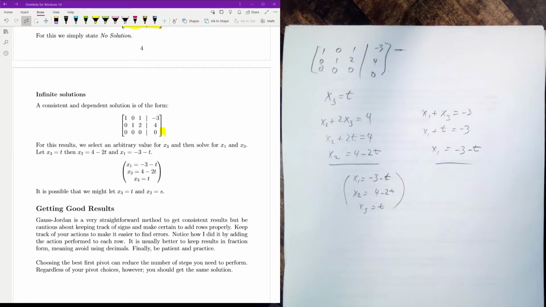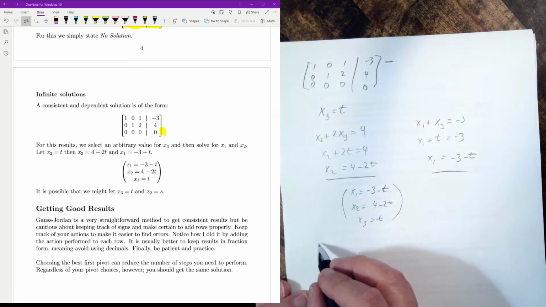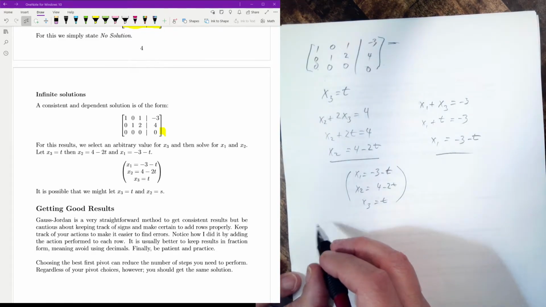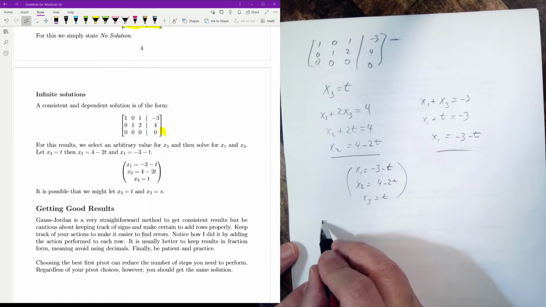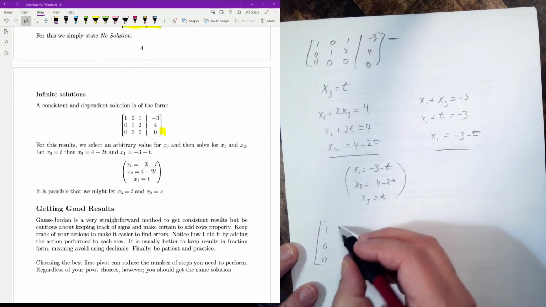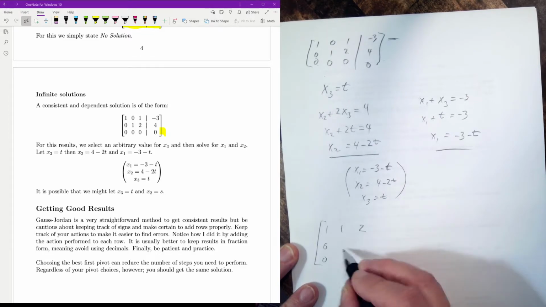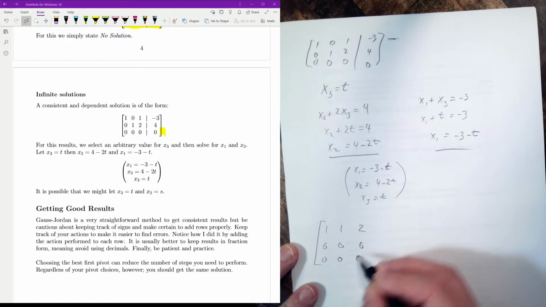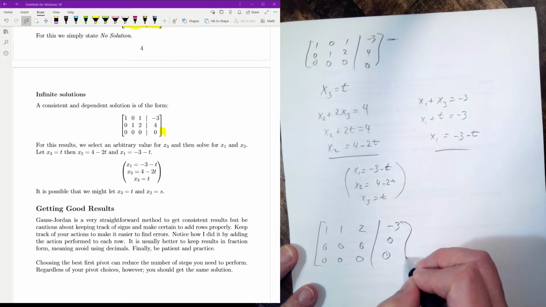If we need to, we can also, for example, if this second column, it is possible that we might let x3 equals t and x2 equals s, but that's only in the situation where we have, let's say, 1, 1, 2, 0, 0, 0, 0, 0, 0, augmented minus 3, 0, 0, as an example.